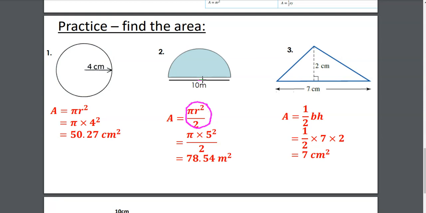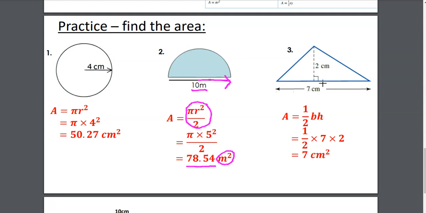I nearly made a mistake there, which is half the diameter. And if the diameter is 10, that radius there must be 5. So pi r squared over 2 equals pi times 5 squared divided by 2, which equals 78.54. We look at the units here, which are meters, so the area units are meters squared.